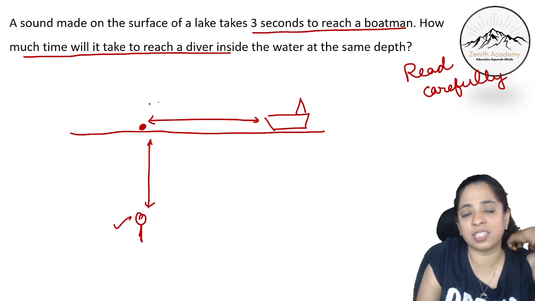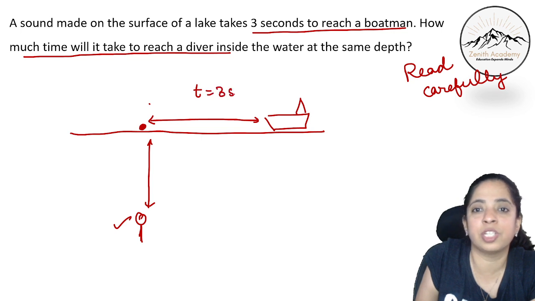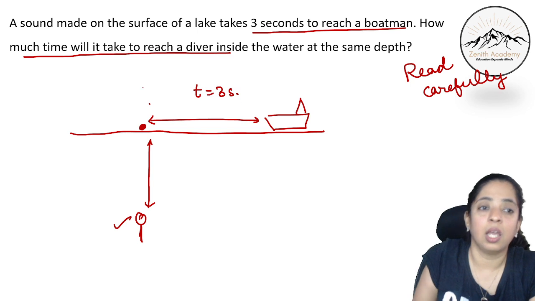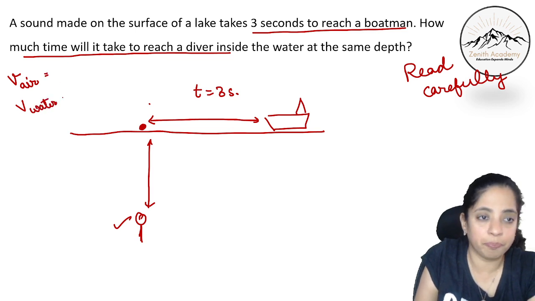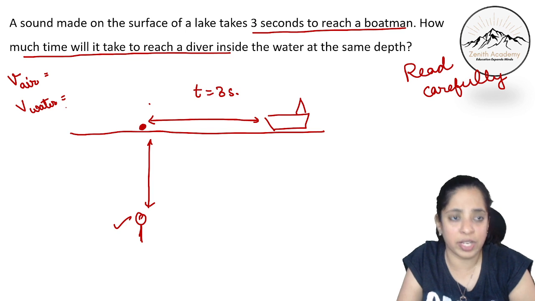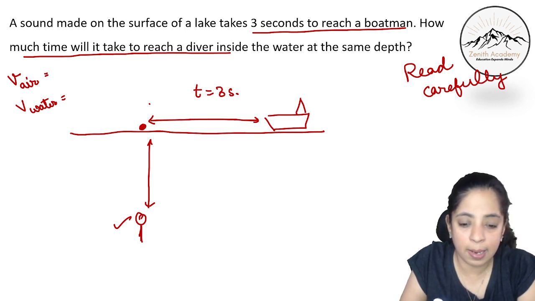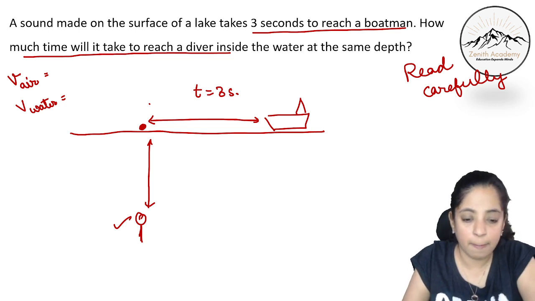So first let's consider the case of the boat. A sound made on the surface takes 3 seconds. So time is 3 seconds to reach a boatman. Now in this, the velocity of sound in air and the velocity in water will be given to you in the question.